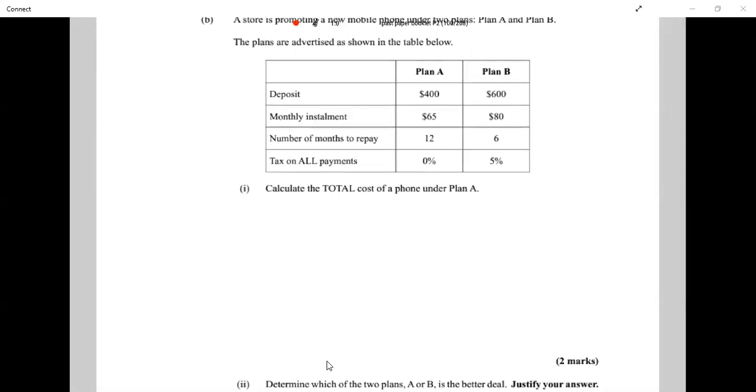So under Plan A, our total cost would be the deposit, which is $400, plus you have to pay $65 12 times, and you pay no tax. So the total you have to pay is $400, and then $65 every month for 12 months.